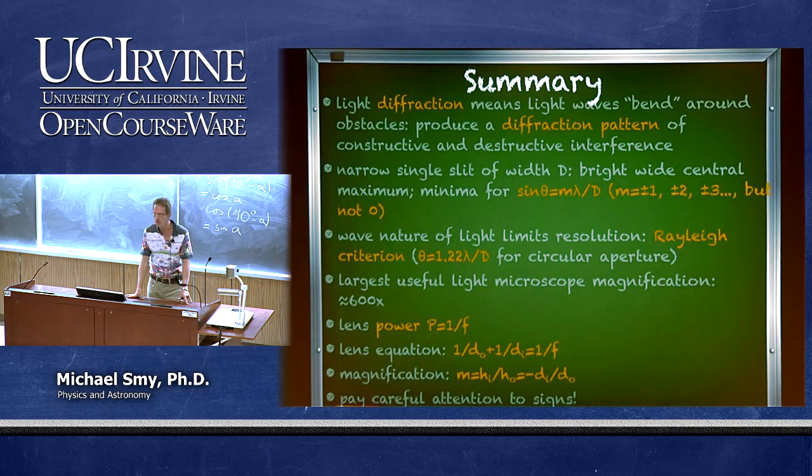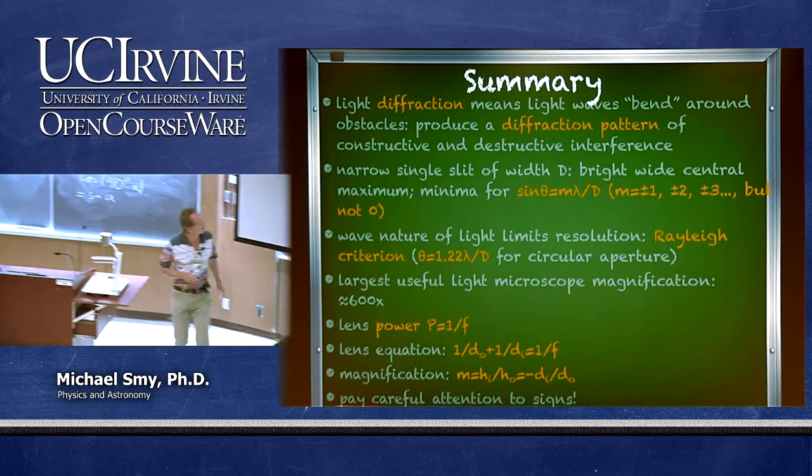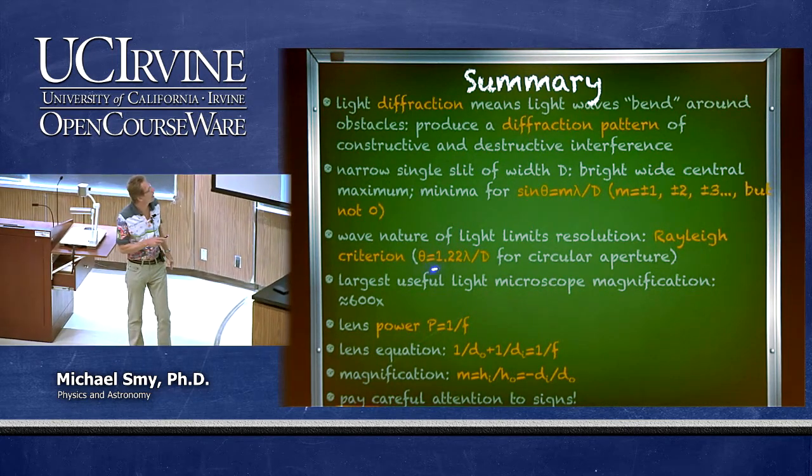And the criterion is that if you have two different objects, and the first minimum of the Airy disk, the circular diffraction pattern of the first point, overlaps the central maximum of the second point, then those two points are at the limit of being able to be resolved. And that first minimum for the circular case is at sine theta equals 1.22 times lambda over d.